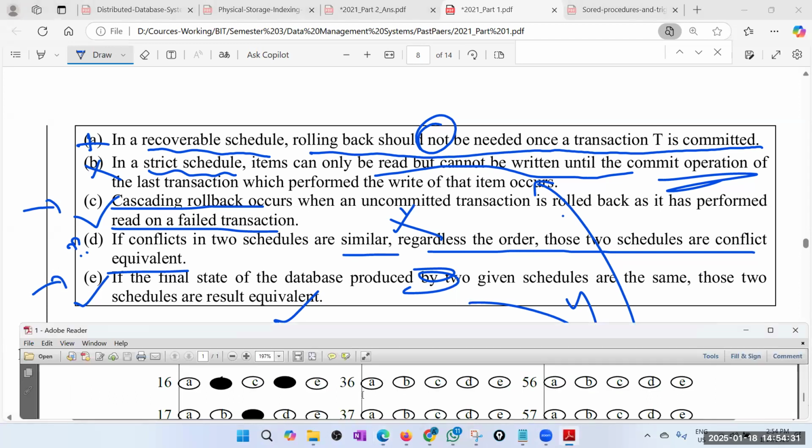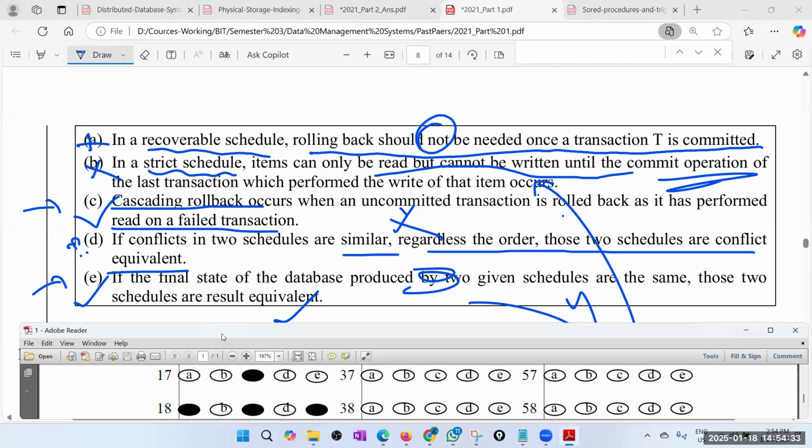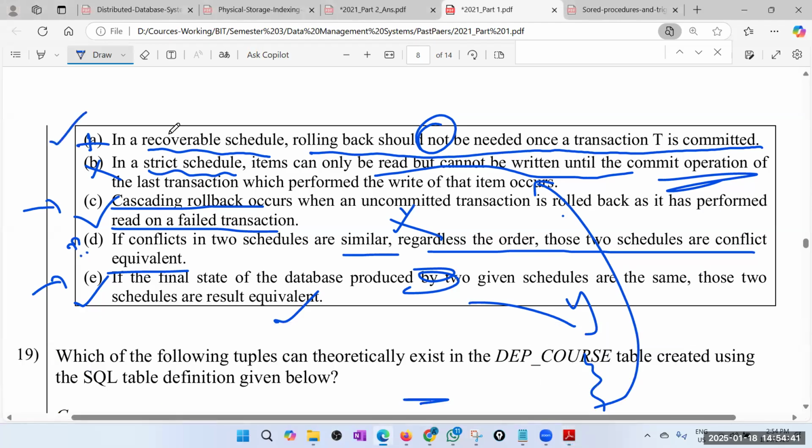What are the answers? The examiner has taken C and E, but the examiner has taken A also. What is A? In a recoverable schedule, rolling back should not be needed once transaction T is committed.